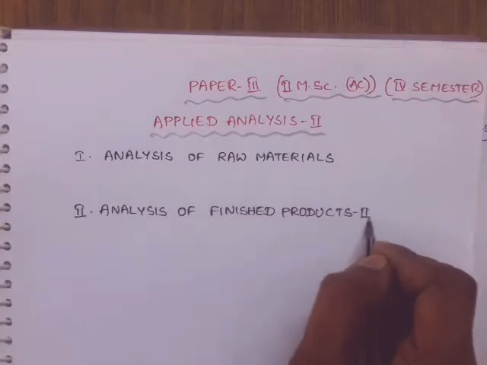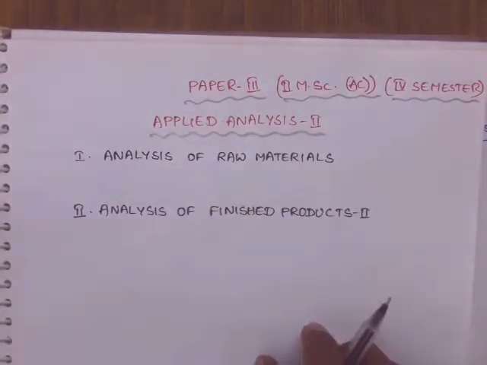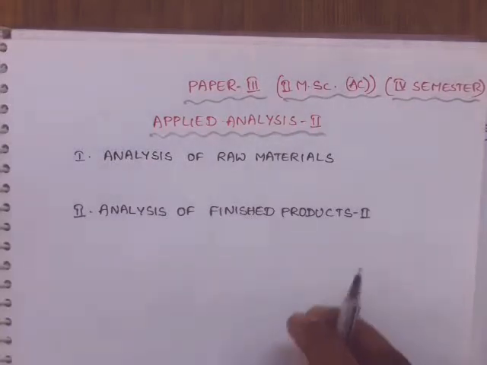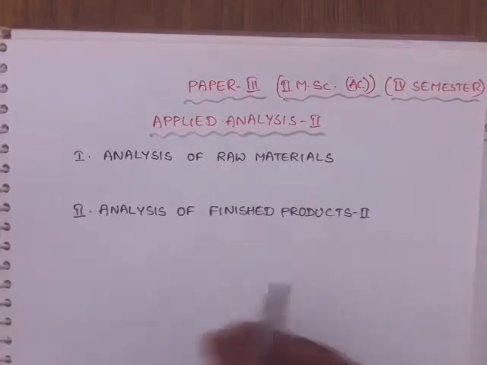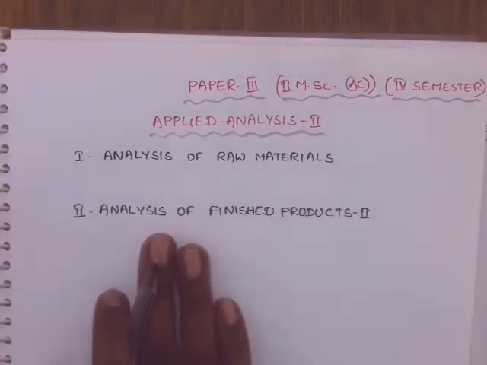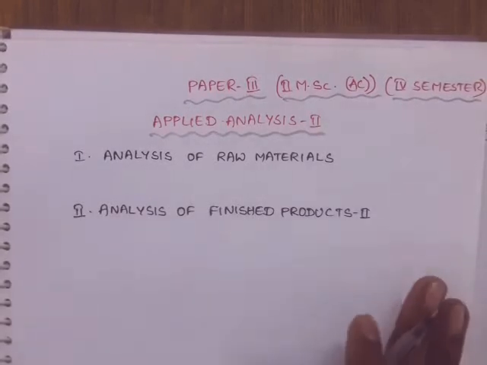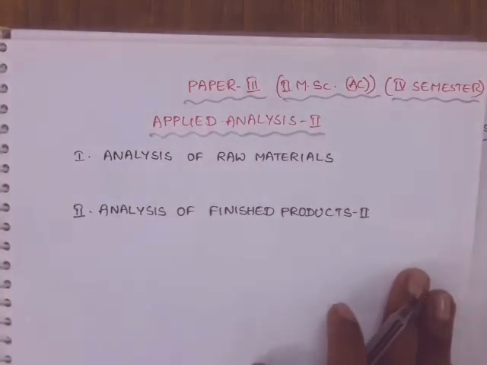Analysis of finished product 1 is present in your third semester. We already learned the topic in third semester. In fourth semester, the second unit is analysis of finished products 2.